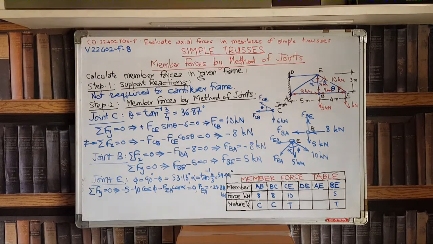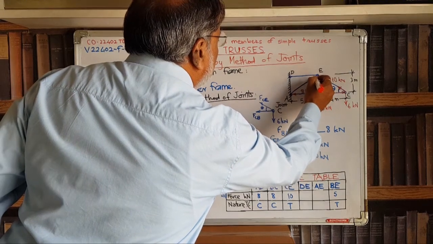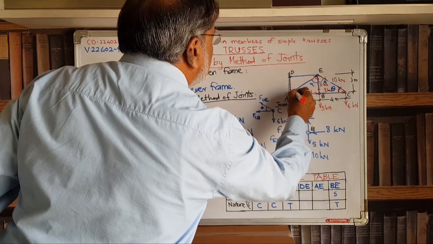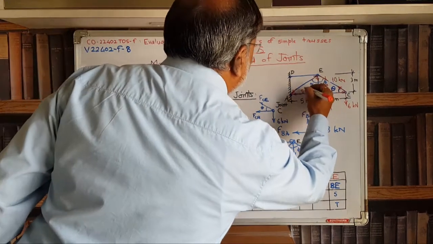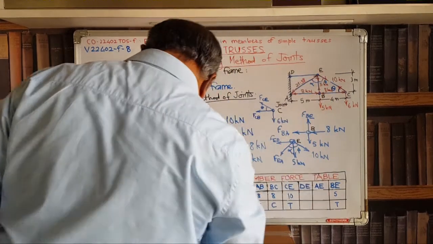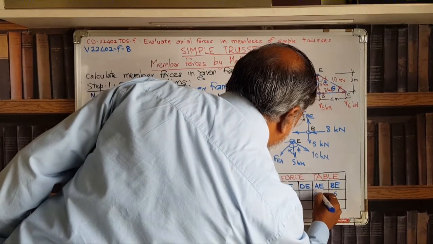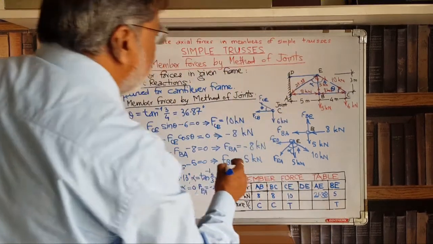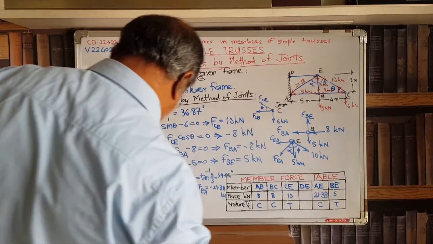It will be corrected. So FEA, look here, it is not away from the joint, it is towards the joint. So this will be the direction. And the value is 21.38. So let us put it here also, 21.38. And since the arrow tips are away from each other, this is compression.